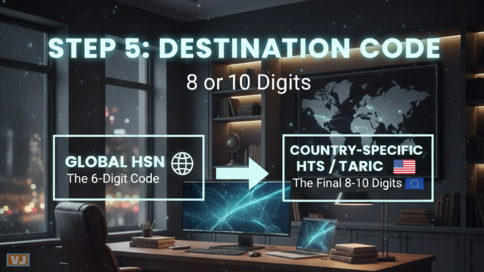So you must always confirm the final digits using your destination country's schedule, whether it is HTS or TARIC or some other, as those will determine the final duty rate in the host country at the host country customs. So that's why it is very, very important to classify up to 8 and 10 digit.